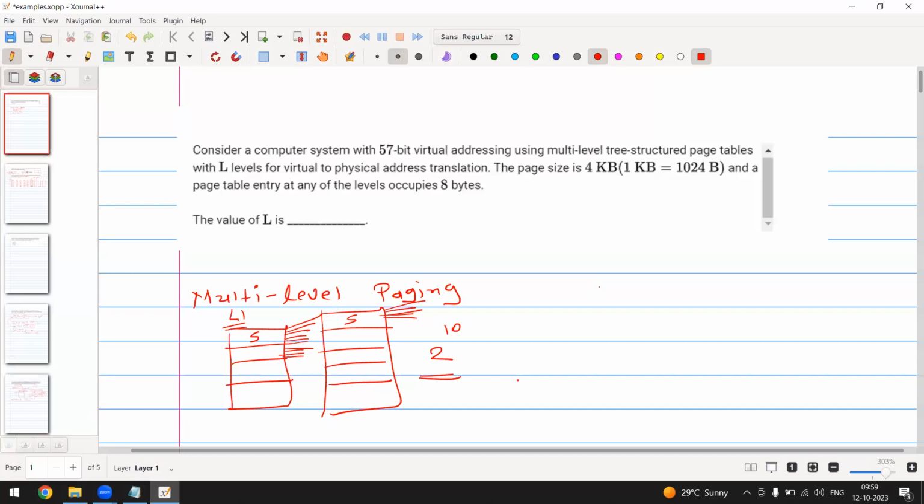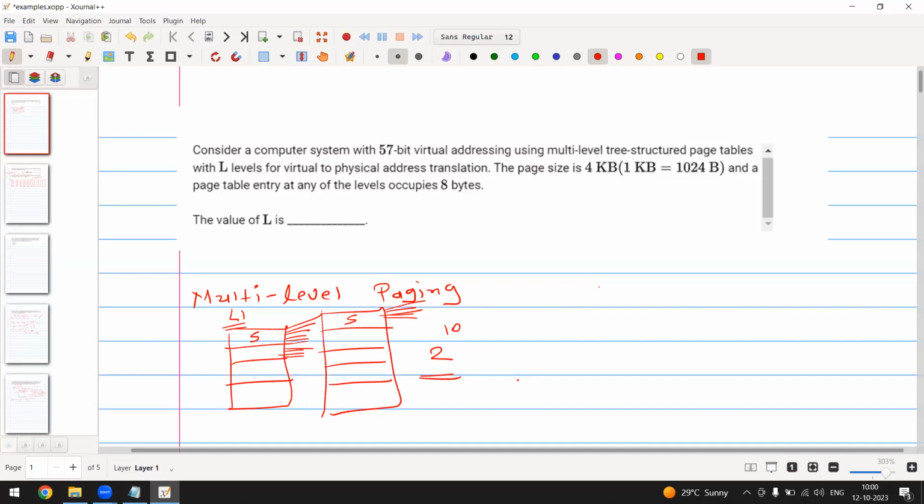But instead of 2 raised to 10, we have split it across 2 levels, where the first level index is the first 5 bits and the second level index is the remaining 5 bits.